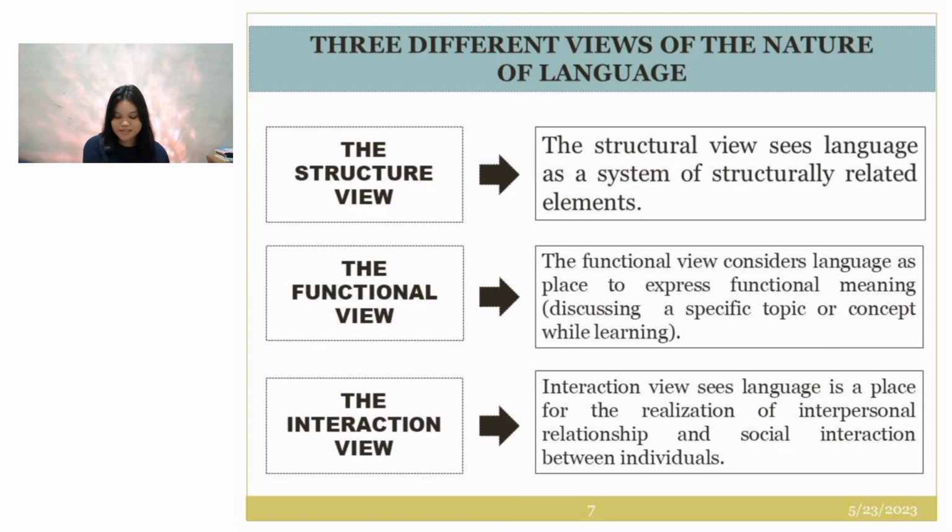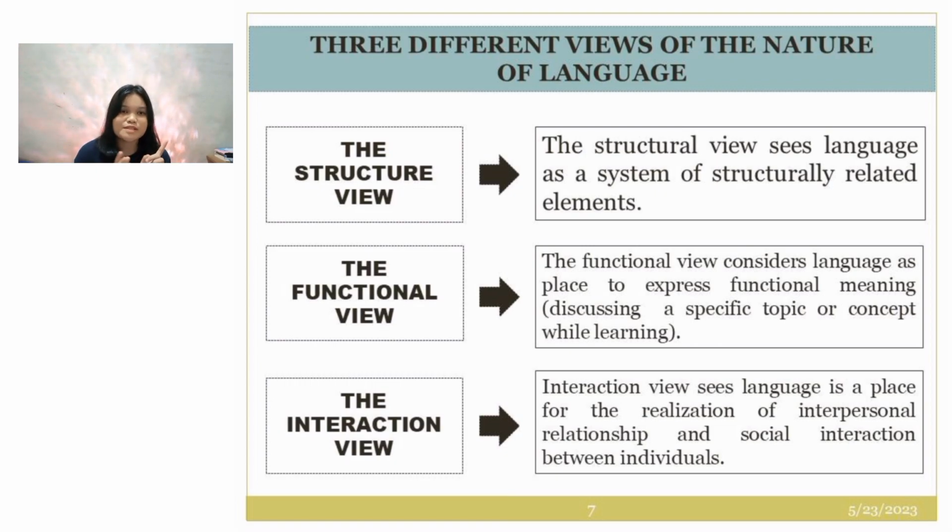Okay, the next one is the interaction view. The people who take the interaction view say that language is a place for interpersonal relationships and social interaction between individuals. So the people who think language is an interaction field believe that English cannot be used if we don't have a partner, or if it just happens with one person.